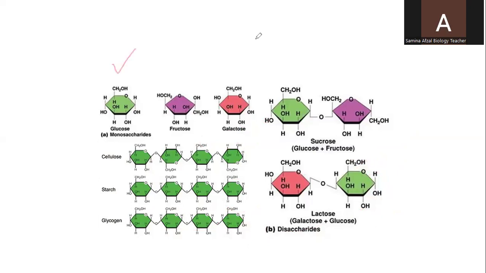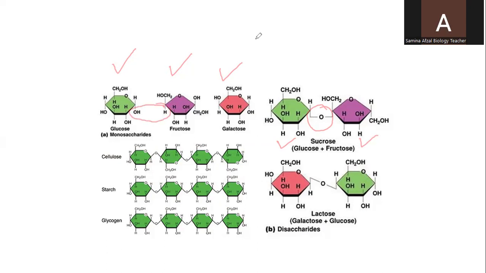Now I would like to move to the next slide, where you can see glucose, fructose, and galactose, all of which are monosaccharides, or monomers of carbohydrates. In the previous slide, one glucose molecule joined with another glucose molecule to form maltose. But when one glucose molecule joins with fructose, it makes the same bond, called a glycosidic bond, and you can see how this bond formation takes place.